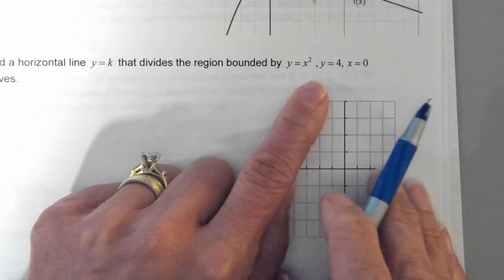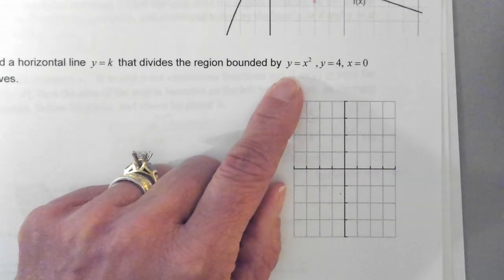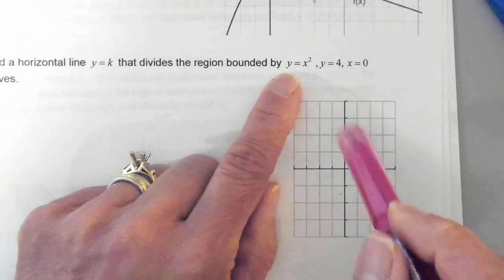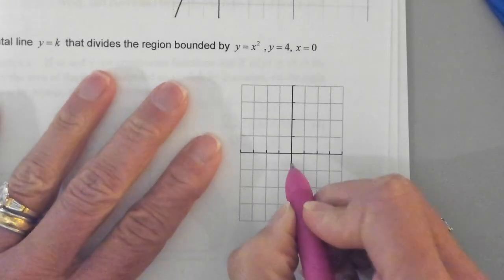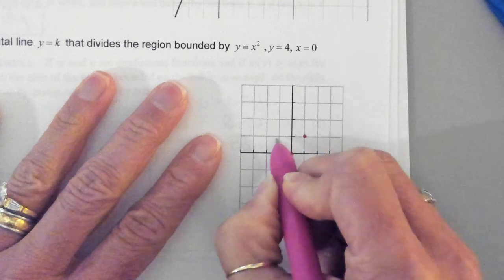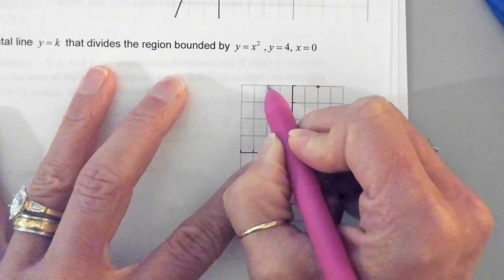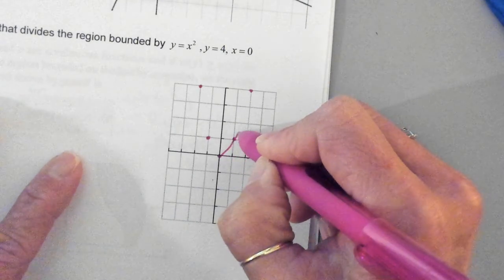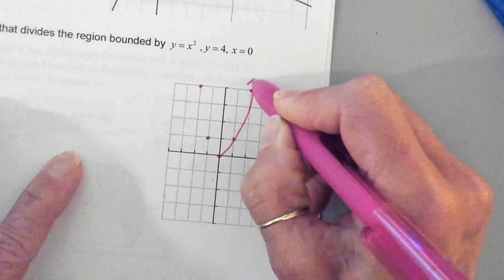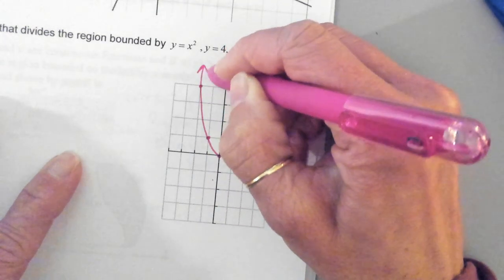But first, we actually need to graph. So what do we have here? This is our first graph. This is a parabola. So we've got 0, 0, 1, 1, 2, 4, and we're going to sketch this to the best of our ability. Okay, parabola.